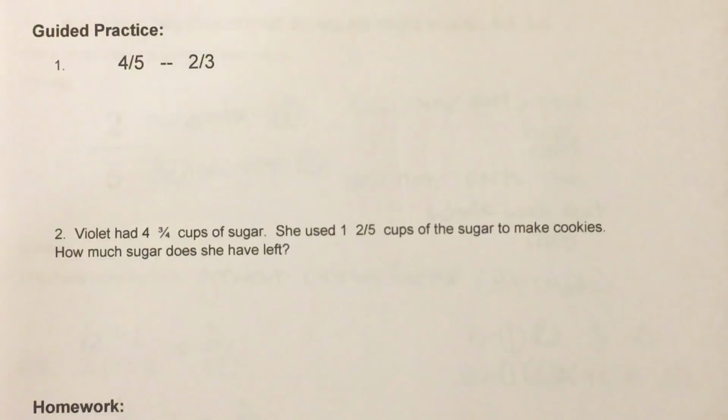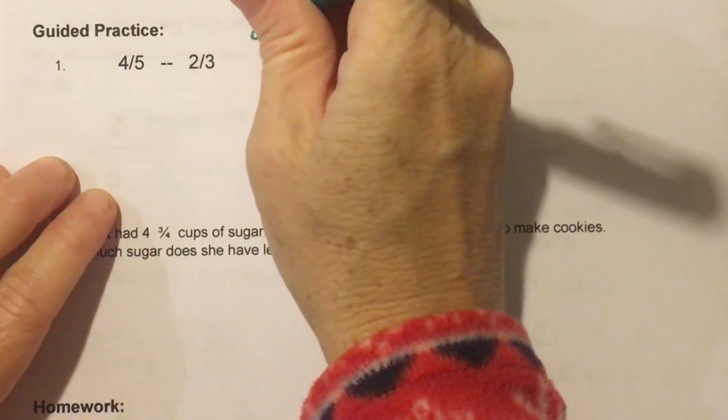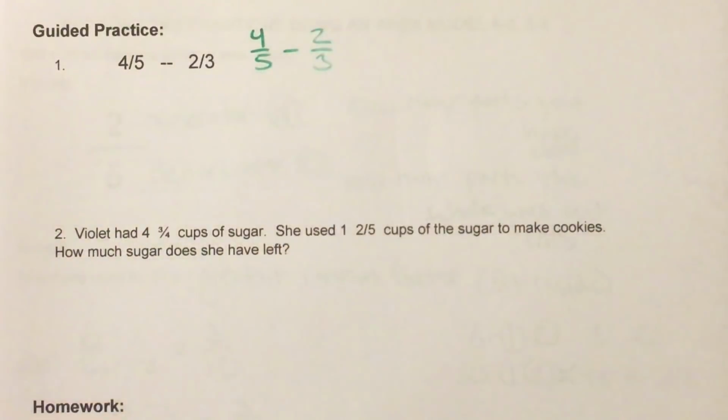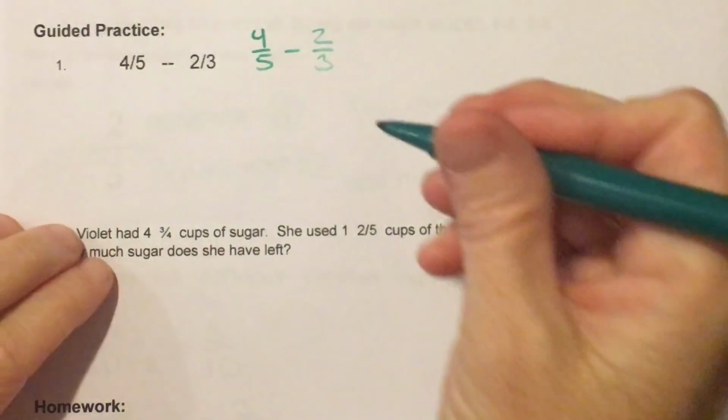All right, my first one, our problem is 4/5 take away 2/3. Okay, so our first step, and you can follow along with your steps, says to draw and shade them, making sure one's horizontal, one's vertical.